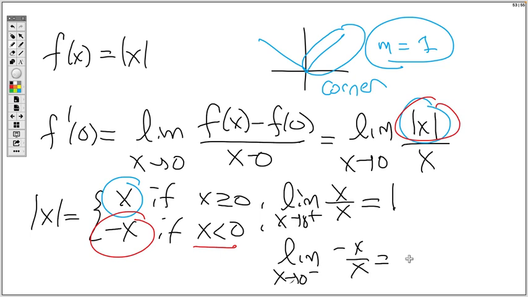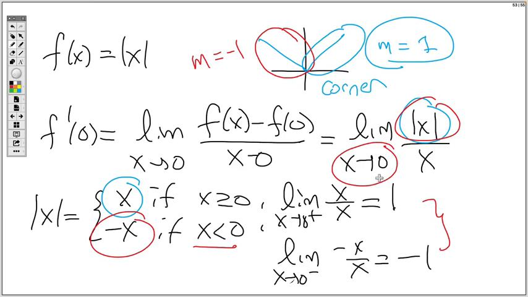And what's minus x over x always equal to? Negative 1. And hopefully that makes sense because over here the slope is always negative 1. So do these numbers match? So does the limit as we go to 0 exist? It does not exist. You with me or not, folks?